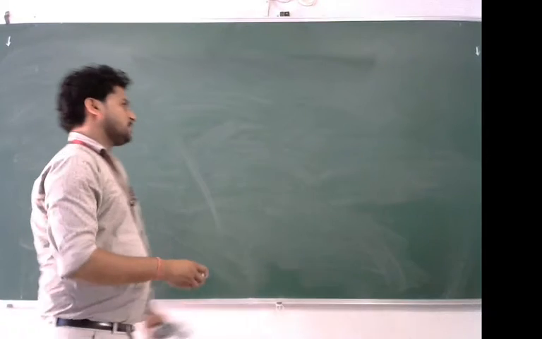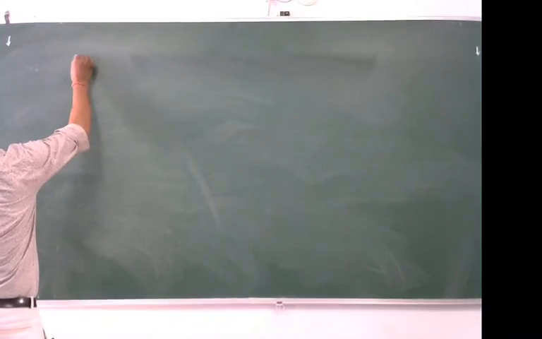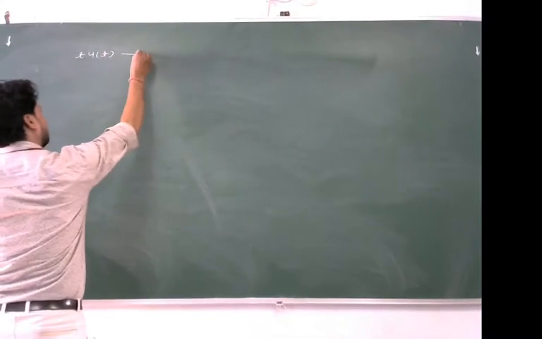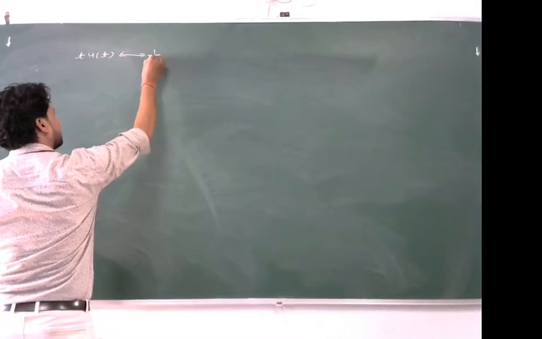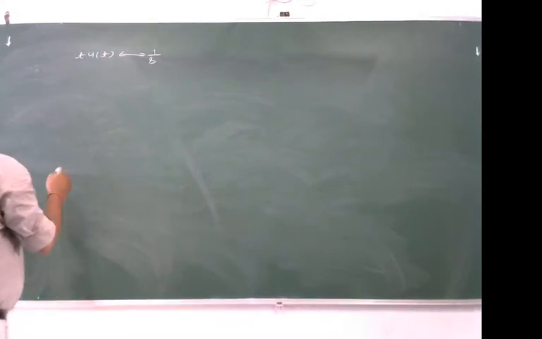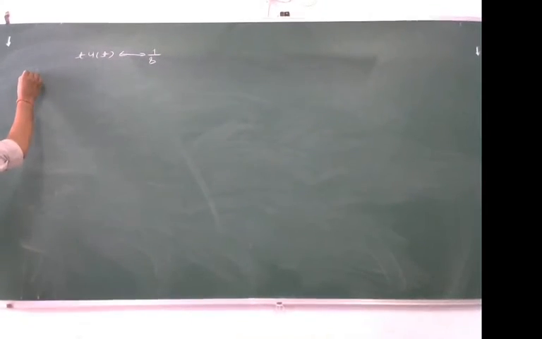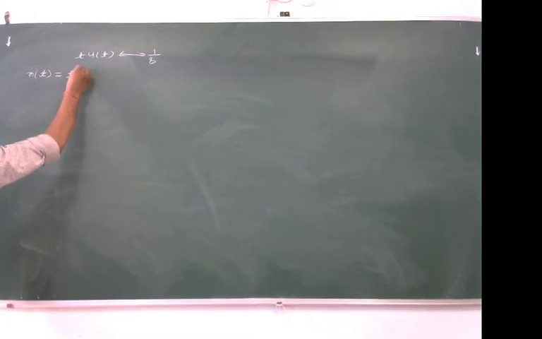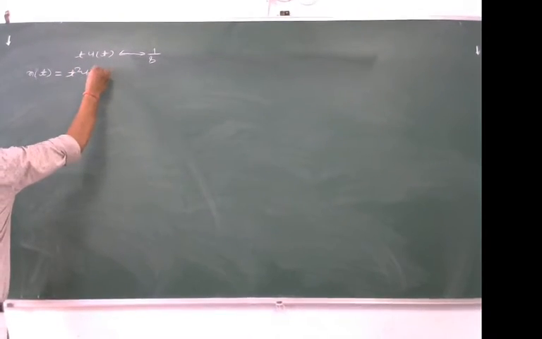The Laplace transform of t u(t) is equal to 1 upon s. Now find the Laplace transform of, suppose the given signal x(t) is equal to t square u(t).